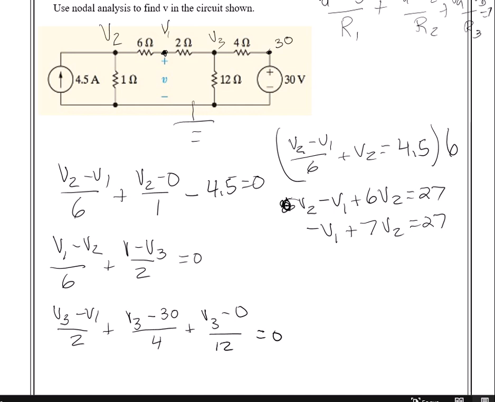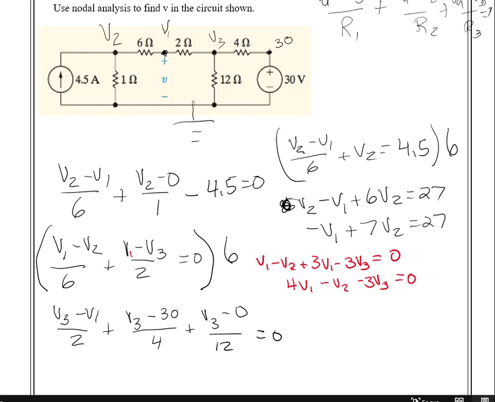So that's one of my equations. This second equation, I'm going to multiply everything by 6. And that would get me V1 minus V2 plus 3V1 minus 3V3 equals 0, or 4V1 minus V2 minus 3V3 equals 0.